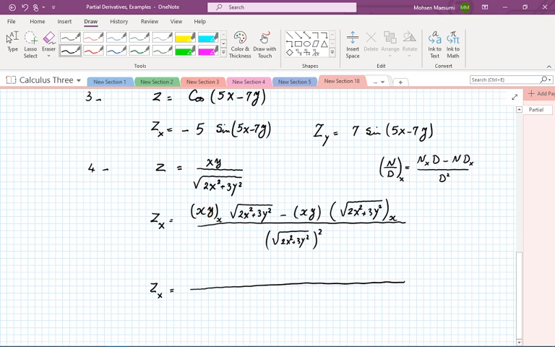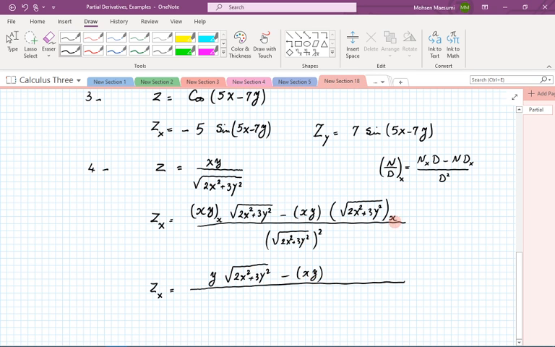For example, y could have been a 5 or a 7 or 11 or a pi or anything like that. If I had the derivative of an expression x times some constant with respect to x, just that constant survives. So y is the derivative of that. The other expression stays as it is, 2x squared plus 3y squared, minus the numerator, which was xy, we leave it alone.